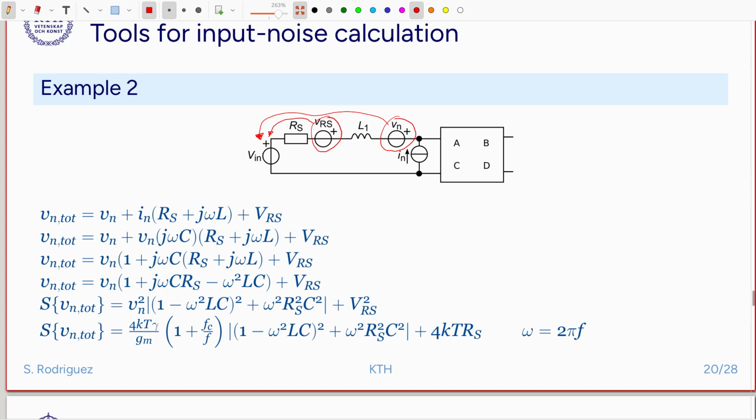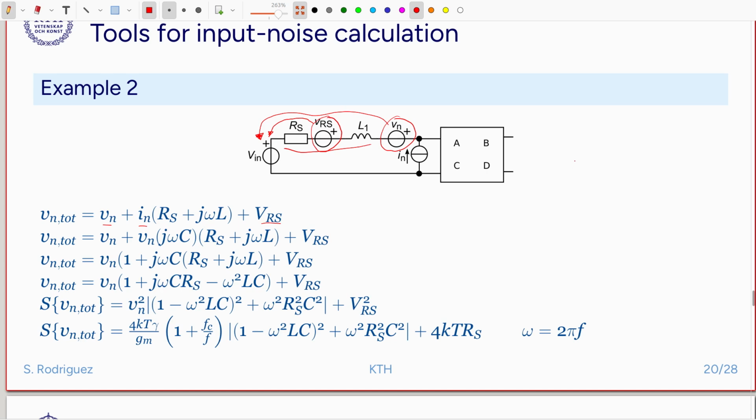The only one that I need to work with is the input referred noise current, and in order to convert this one to a voltage source in series, I need to multiply by the impedances here. So when I multiply this current source by the impedance, then I get the following model. So we get Vn that was in series, VRS that is in series, and En that gets multiplied by all the impedance that is in series, that is Rs plus jωL.